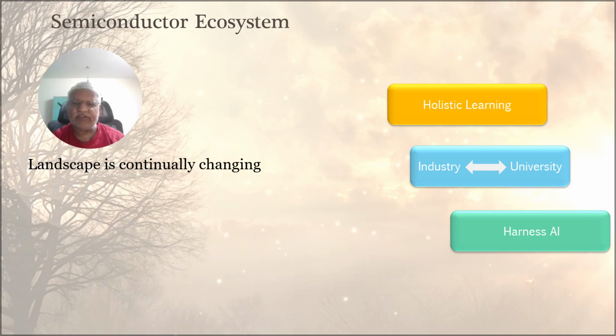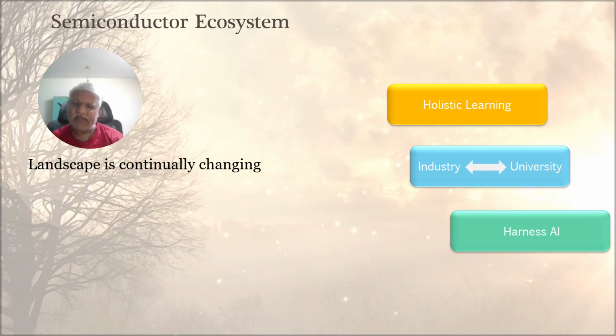And as I was mentioning, companies like NVIDIA and other EDA companies like Synopsys, Cadence, and Siemens are already using AI tools, and thus they are leveraging these methods to improve the efficiency.